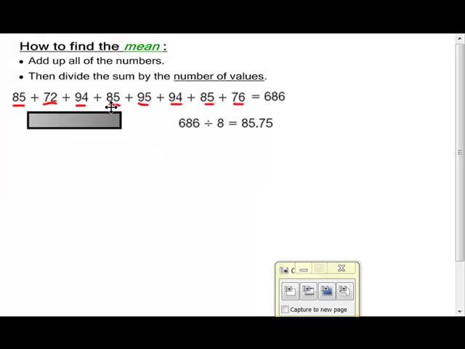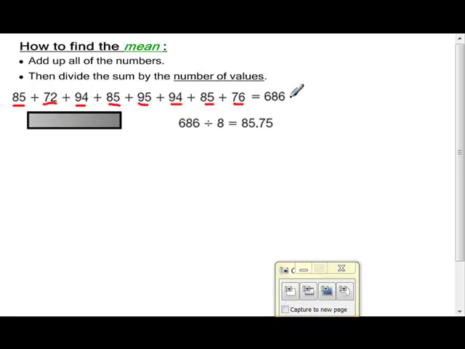We've already discussed how to find the mean, but let's go over it again just to be clear. Add up all of the numbers and then divide the sum, that's the total that you get, by the number of values. So we're adding up all these numbers, 85 plus 72 plus 94 plus 85 plus 95 plus 94 plus 85 plus 66.